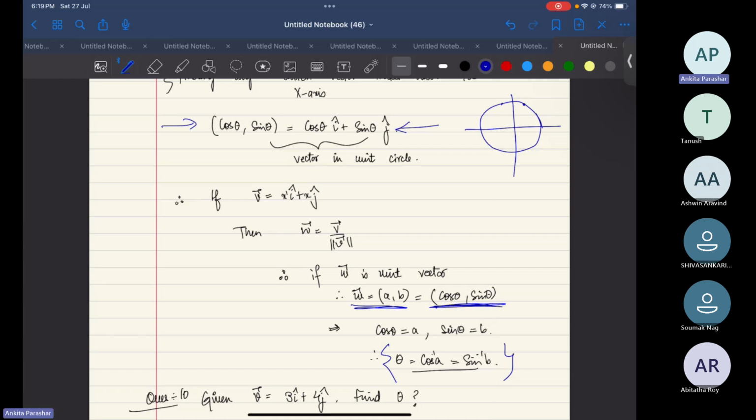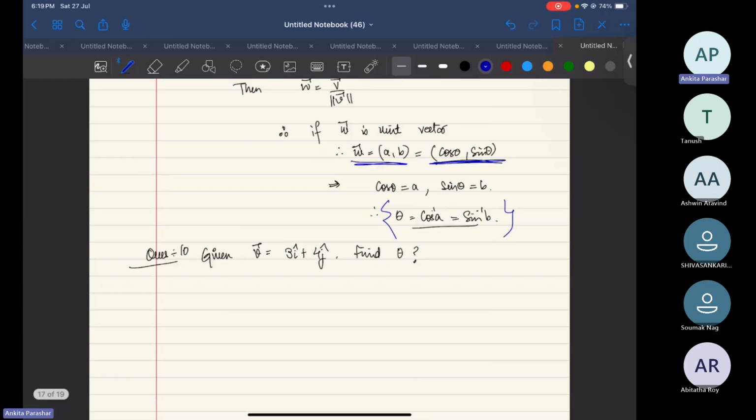And since you know how your w and v are related, you can get the angle between v and the x-axis. So we are trying to use this same idea to find what angle a vector makes with the x-axis, let's say.